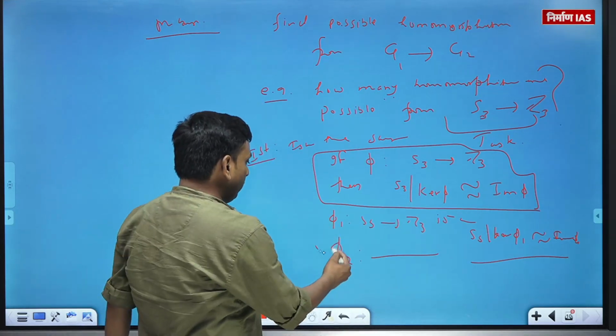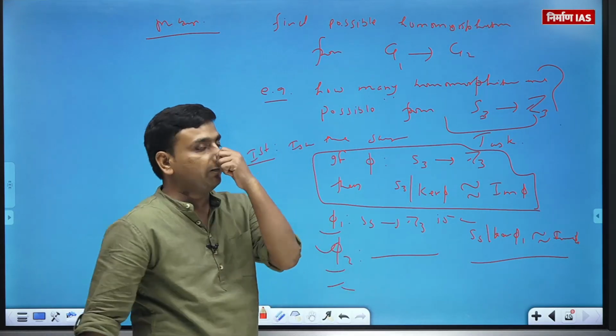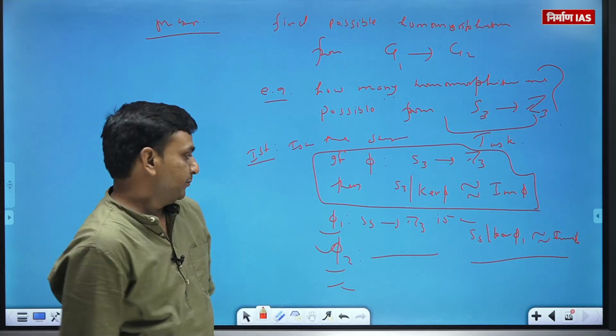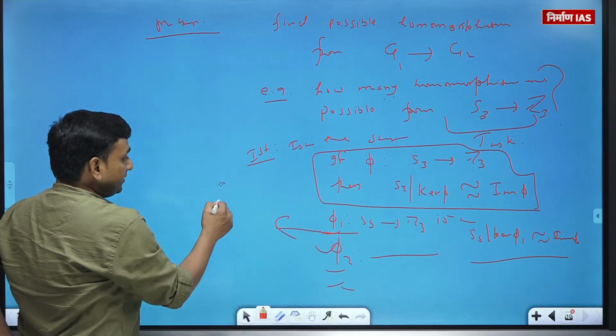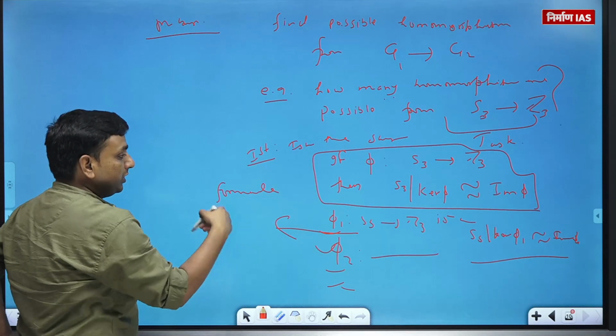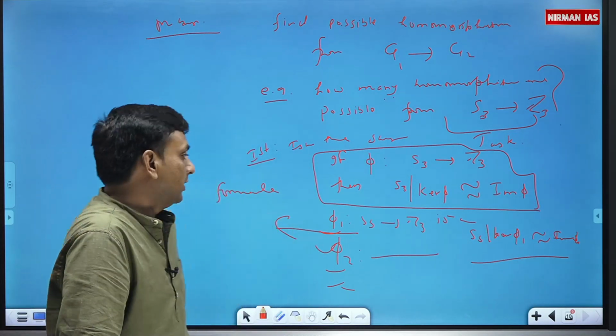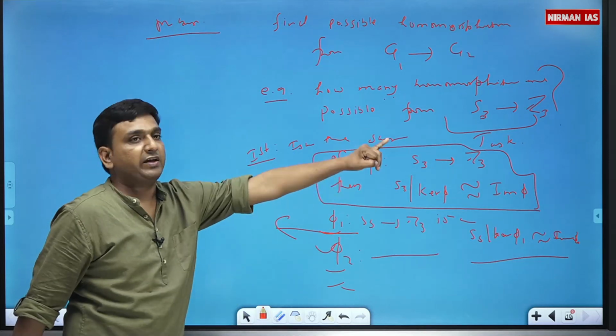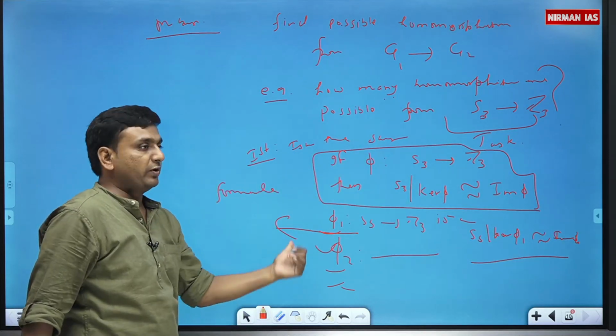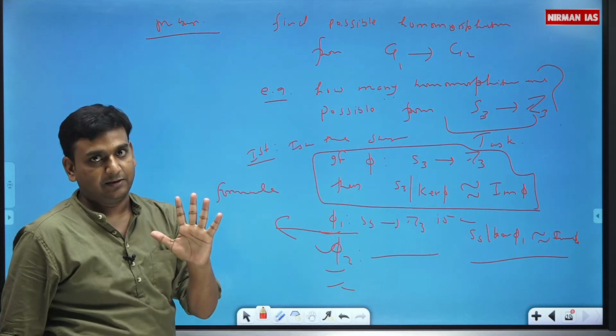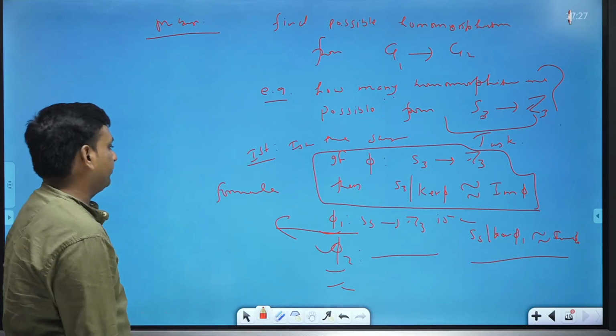So I wish to know what those possible phi 1, phi 2, phi 3 and so on are. That means I wish to define some formula which is a homomorphism, which is operation preserving. Then I will say that phi 1 works for this, phi 2 works for this, phi 3 works for this, like that. Is that clear?